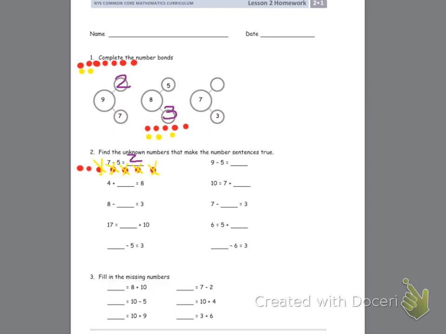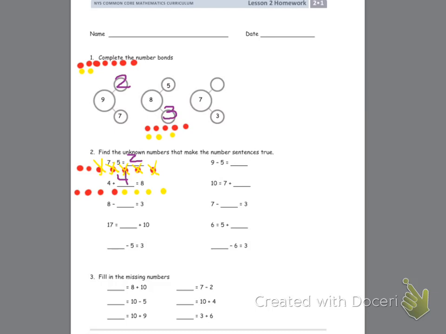On 4 plus blank equals 8, you could have your student draw 4 dots, 1, 2, 3, 4, just like we did in the number bonds above, and then continue on counting from 4 until they get to 8. 5, 6, 7, 8. However many extra yellow dots were needed is the number that you need to write on the line. So 4 plus 4 is 8.